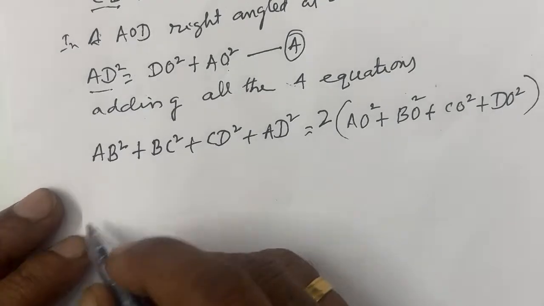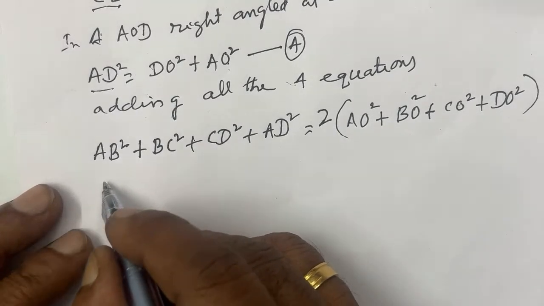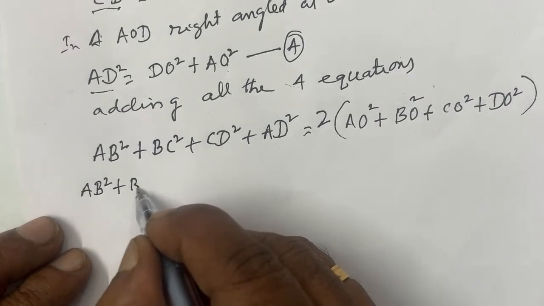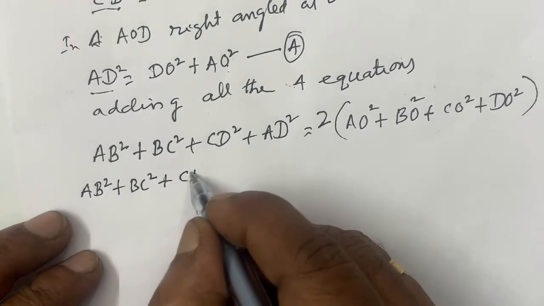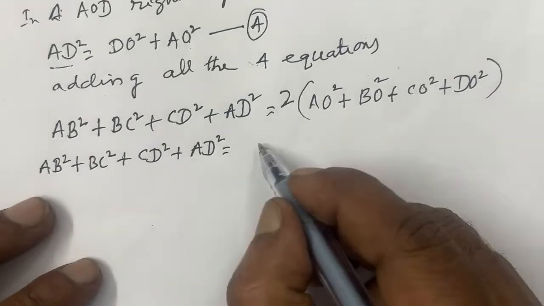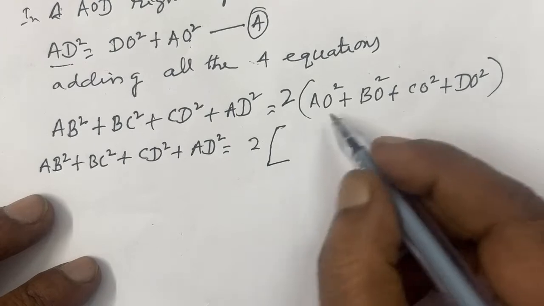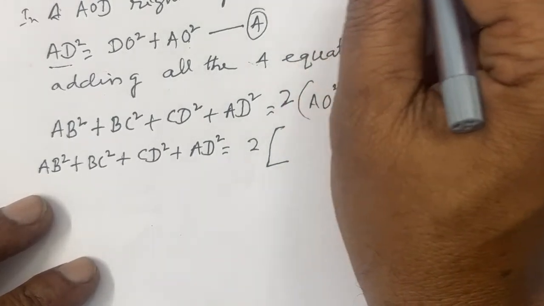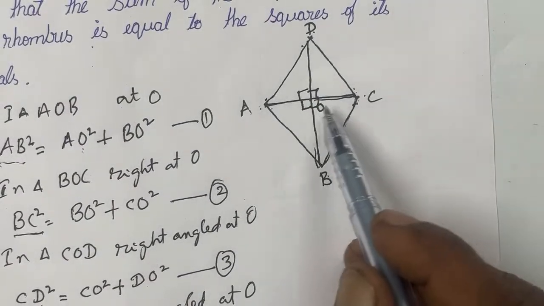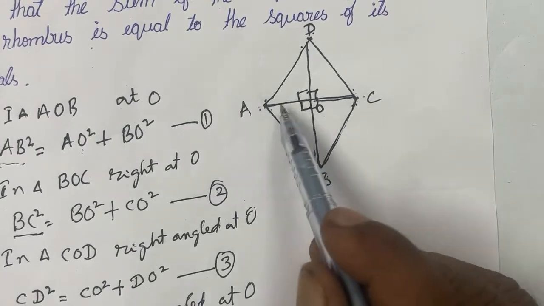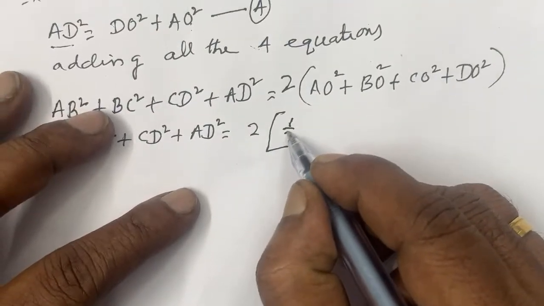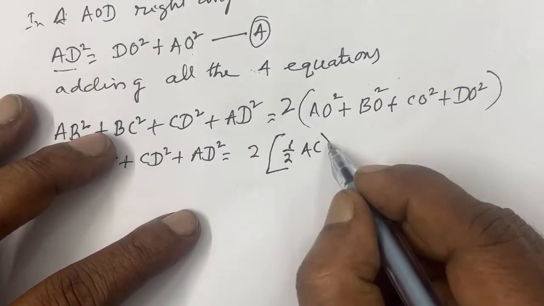So next, what is the important step here? This is going to be continued. AB square plus BC square plus CD square plus AD square is equal to 2 times the sum of these. Now, what is the meaning of AO? AO is nothing but half of AC. So AO I am writing as one by two AC, whole square.